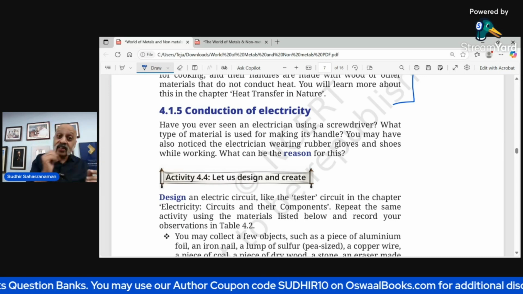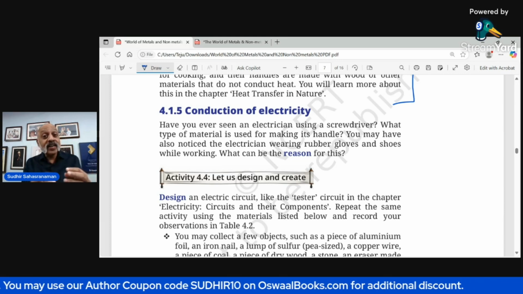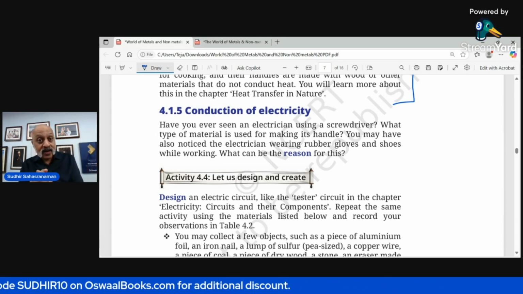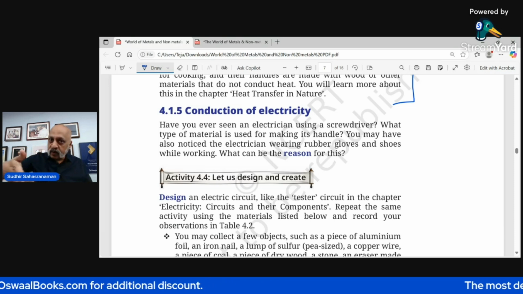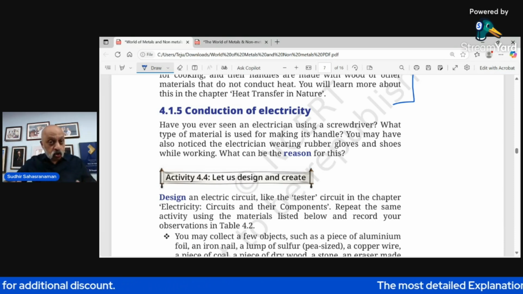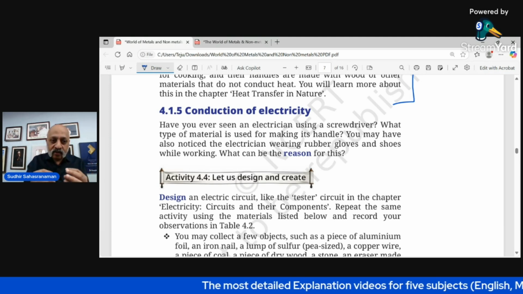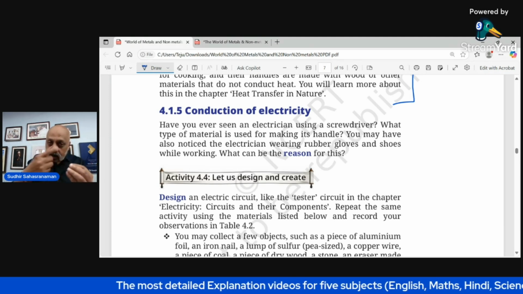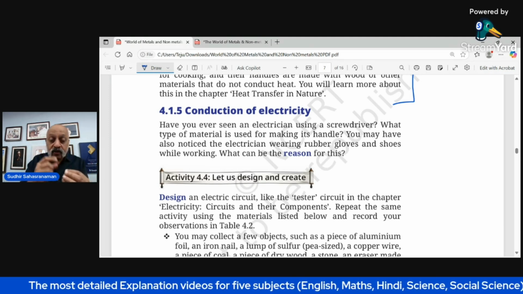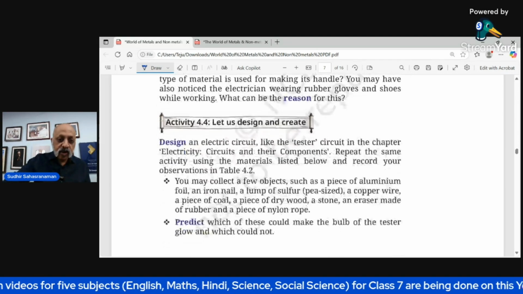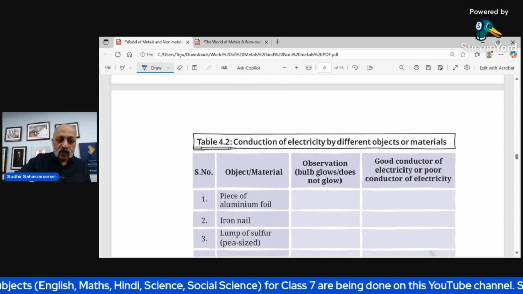Why? You've already studied that in the electricity chapter, so that he does not get an electric shock if there is some kind of transmission of electricity, right? So he would be either wearing rubber gloves, he will also be wearing shoes, he may wear a helmet, and he will use a screwdriver, where the material of the handle will be a non-conductor of electricity, right? So what we studied in the previous chapter.